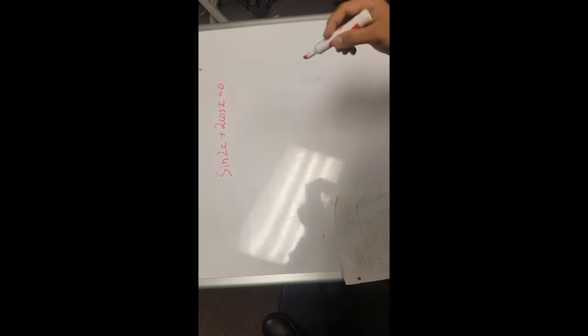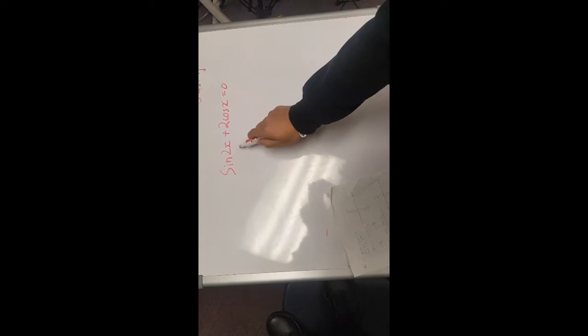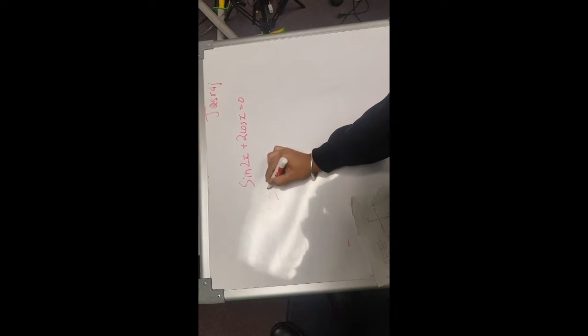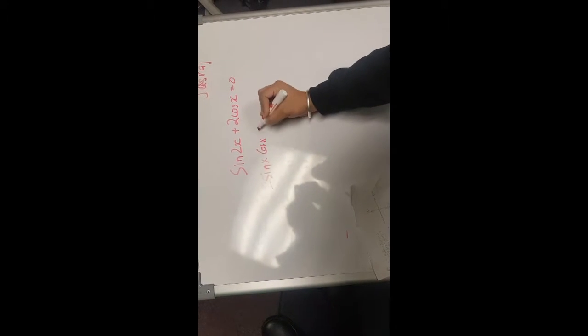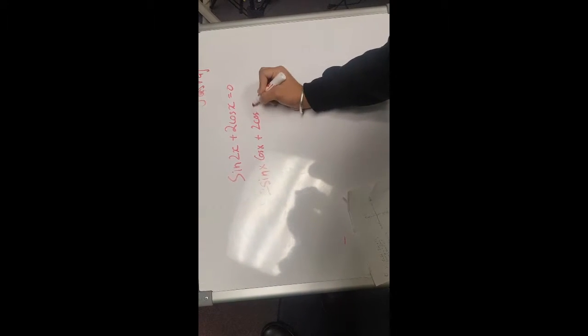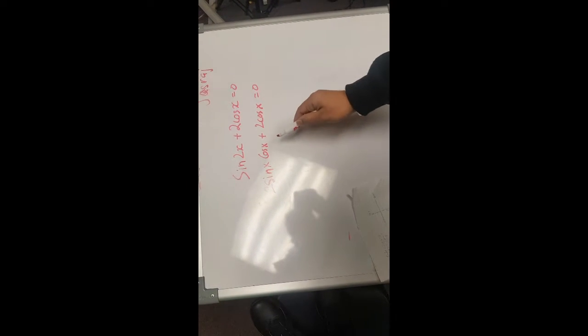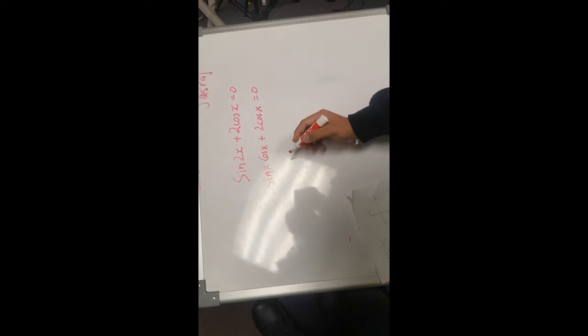In this question, we are solving for x. So as we know from our identities, sine 2x can also be written as 2 sine x cosine x, plus 2 cosine x equals 0. And now we can see cosine is common in both of the terms, so we'll pull cosine and 2 outside.